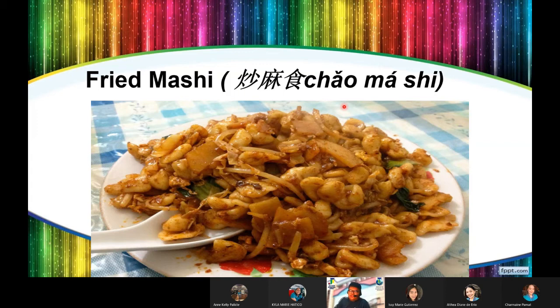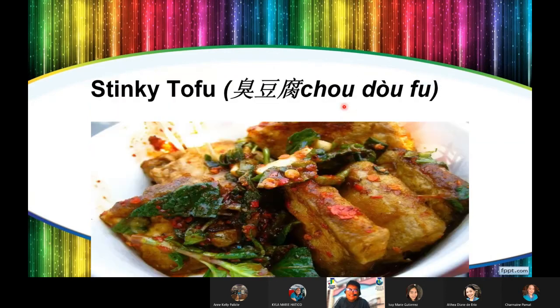Another dish I also want to mention is stinky tofu or chow tofu. Can you read chow tofu? Chow tofu. Itong stinky tofu, popular ito as a street food.